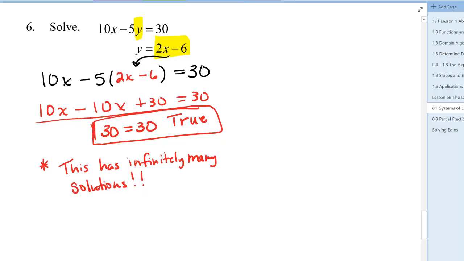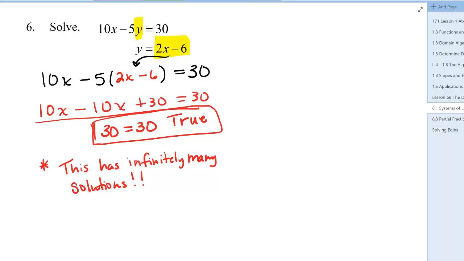But I mentioned in a previous example that you need to be a little more specific about where those solutions are, because it's not every single ordered pair in the coordinate plane.